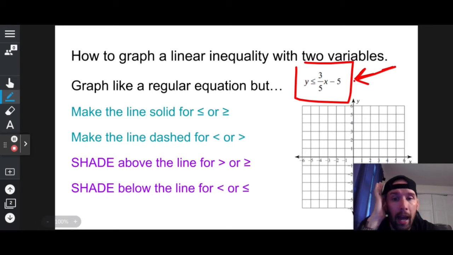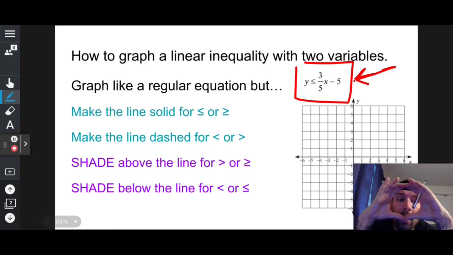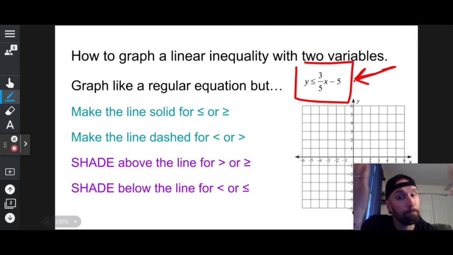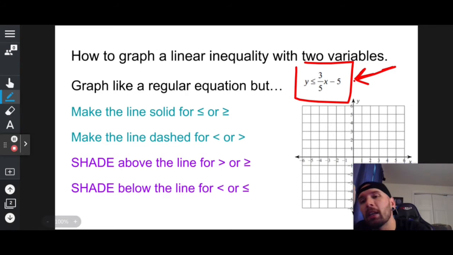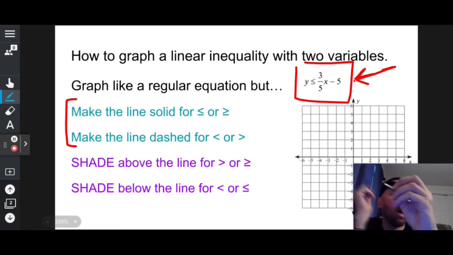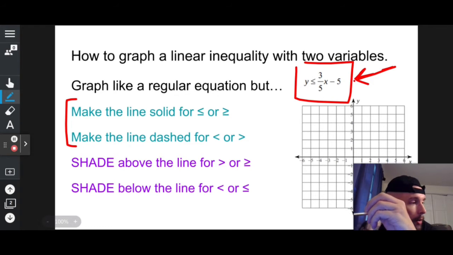When I don't have the equal sign, when it's just less than or greater than, I'm going to dash the line because the line doesn't count, just like if I were to graph it, I would have a circle, but I wouldn't fill it in. That's caveat number one. Either you make it solid or dashed, depending on whether it has an equal sign attached or not.